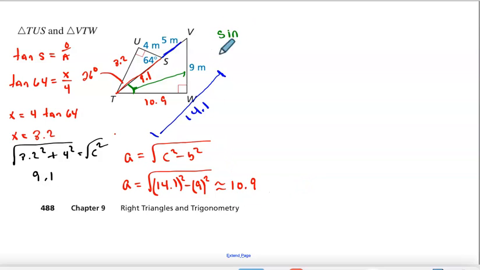So this will just be sine of T is equal to opposite over the hypotenuse, which is 14.1. I'm going to take the inverse sine of both sides.